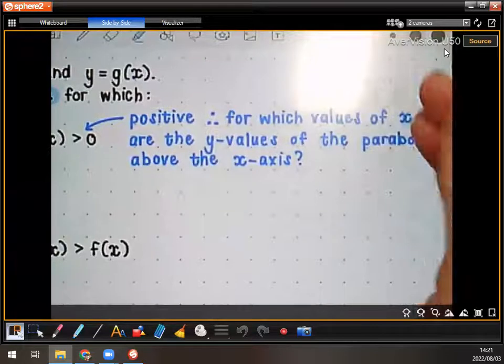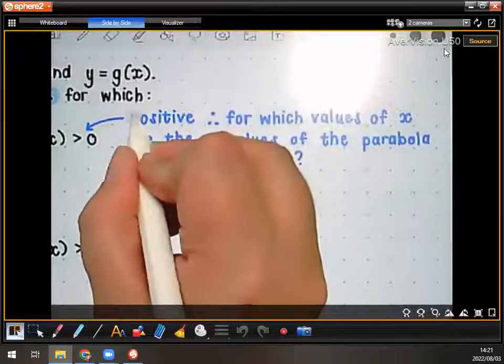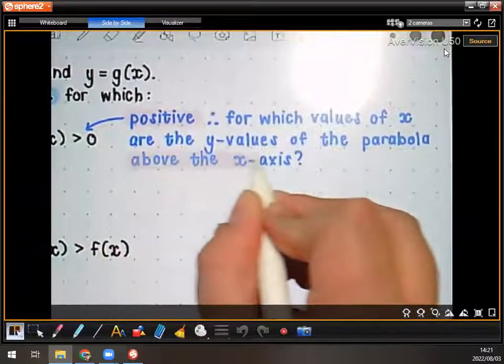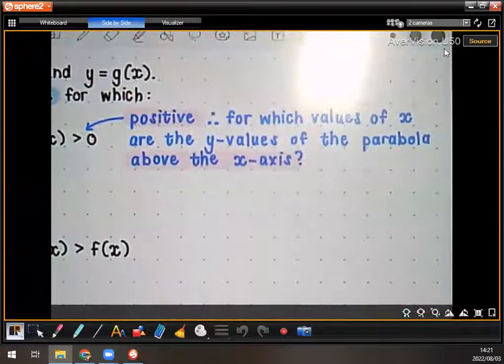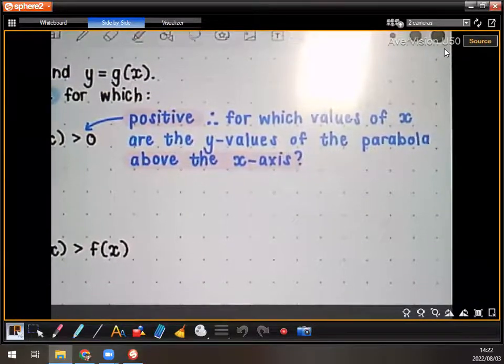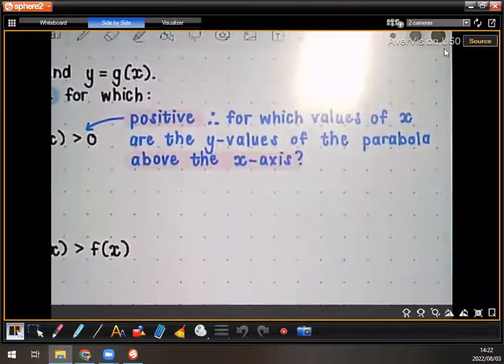You can highlight here that the word positive and above the x-axis, we're talking about y values, they mean the same thing. Because the y values that are above the x-axis are always positive y values. Okay, so that's what we're going to look for, right? But then our answer has to be x's. Okay, so we're looking at y's, because we must write down x.